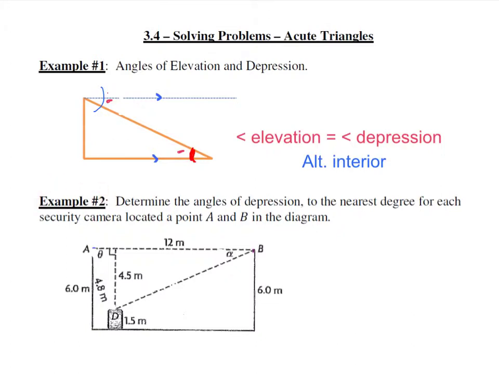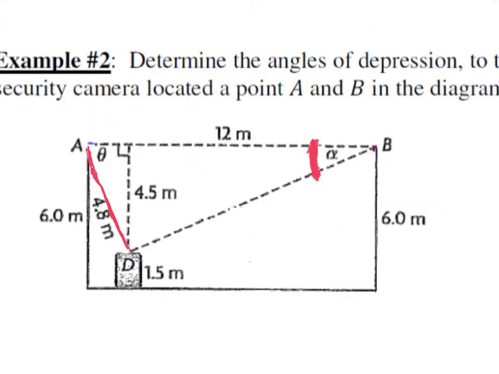Example 2. Determine the angle of depression to the nearest degree for each security camera located at point A and point B in the diagram. Okay, so what we need to find is this angle right here, and we also need to find this angle right there.